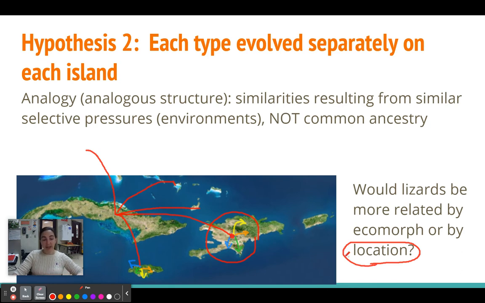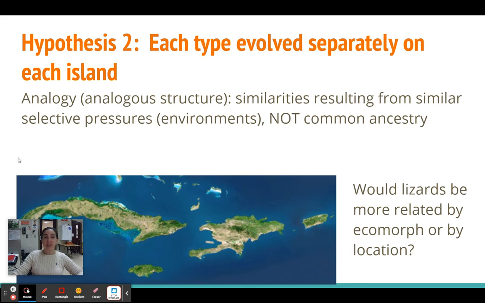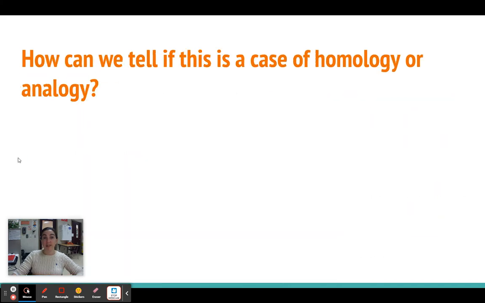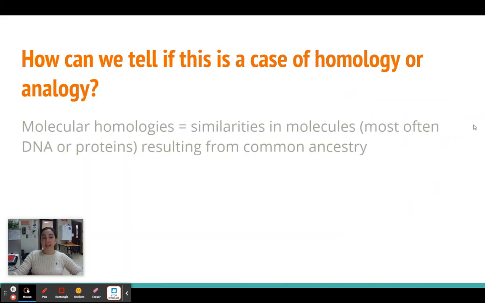So we can look at the patterns here to kind of try and figure out which of these actually happened. In order to do this, we do have to know the relationships between these lizards. And so scientists can go in and look for similarities in molecules like DNA and proteins. Obviously, your DNA codes for the proteins.